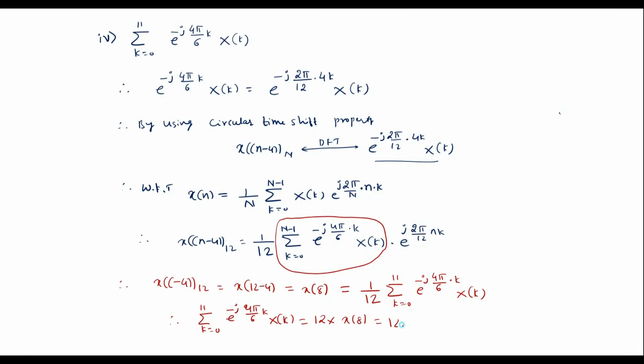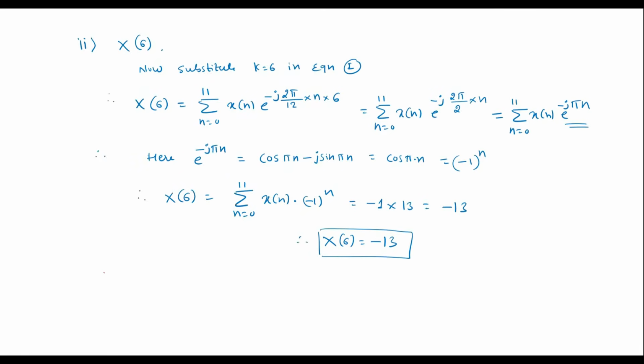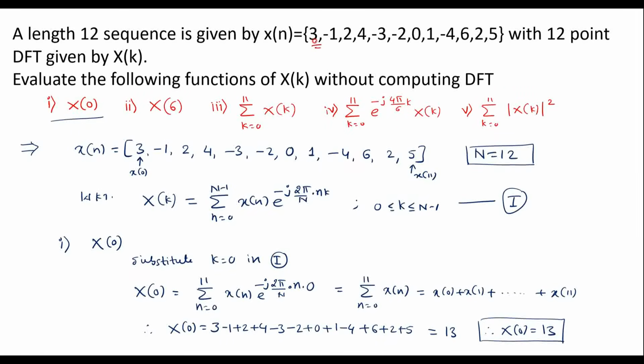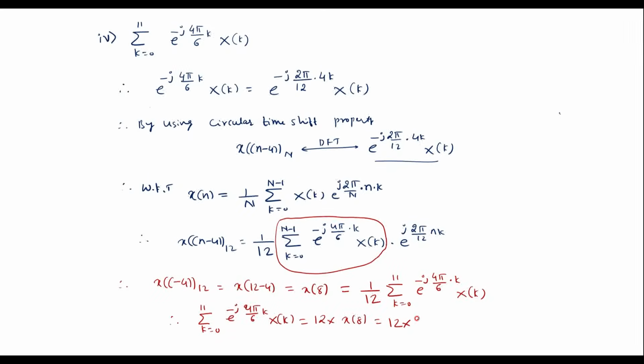Counting 0 1 2 3 4 5 6 7 8, the value of x of 8 is minus 4, so it is 12 into minus 4, which is minus 48.